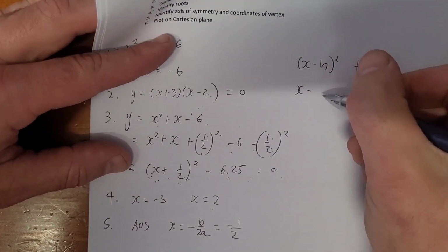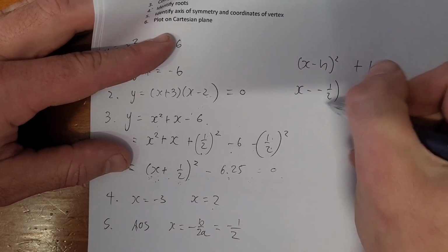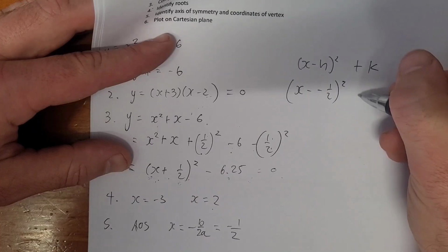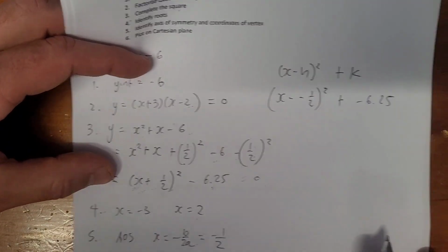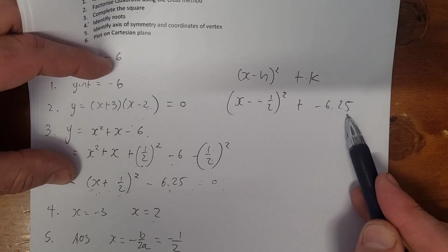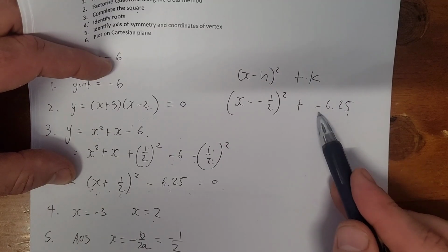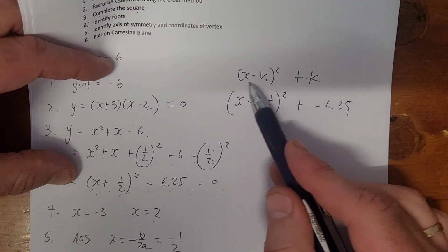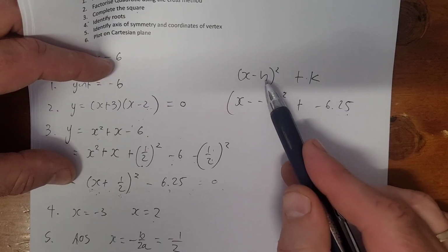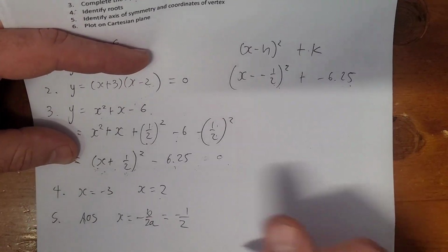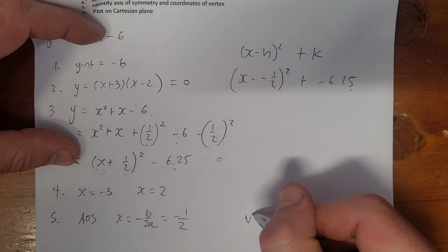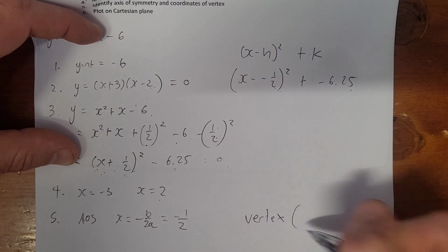So we have x take -half squared, and then we have plus -6.25. So in this circumstance, the value of k, that's the y coordinate of the vertex, is -6.25, and the x coordinate of the vertex is -half. So we can see it from the vertex form. So part 5 is asking for the vertex as well. So we'll answer that here.